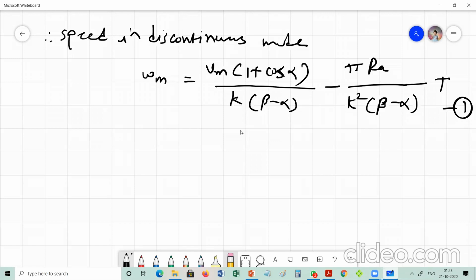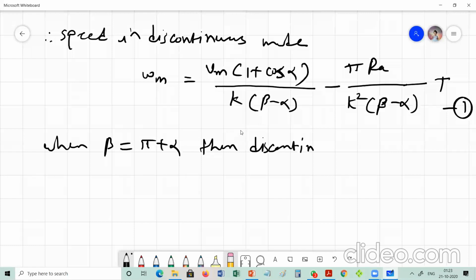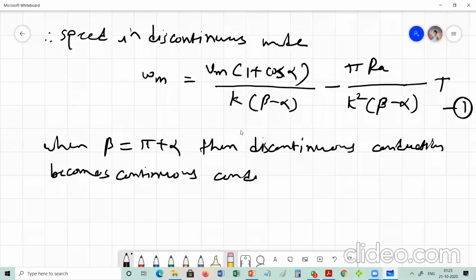Similar to the single phase half controlled converter, when beta becomes equal to pi plus alpha, then discontinuous conduction becomes continuous conduction. So beta equal to pi plus alpha is the boundary between continuous and discontinuous conduction.